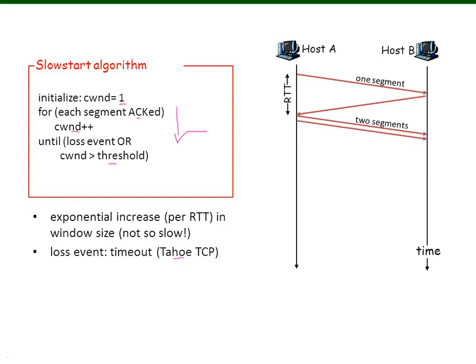So for these 2 segments also, sender will be starting a timer, and if it receives acknowledgement within RTT time, then it is going to increase the congestion window size for each acknowledgement that it will be receiving. That is, previously the value of congestion window size was 2. Now it is receiving 2 acknowledgements, so the updated congestion window size will be 4. So that means in the next step, sender can simultaneously transmit 4 segments.